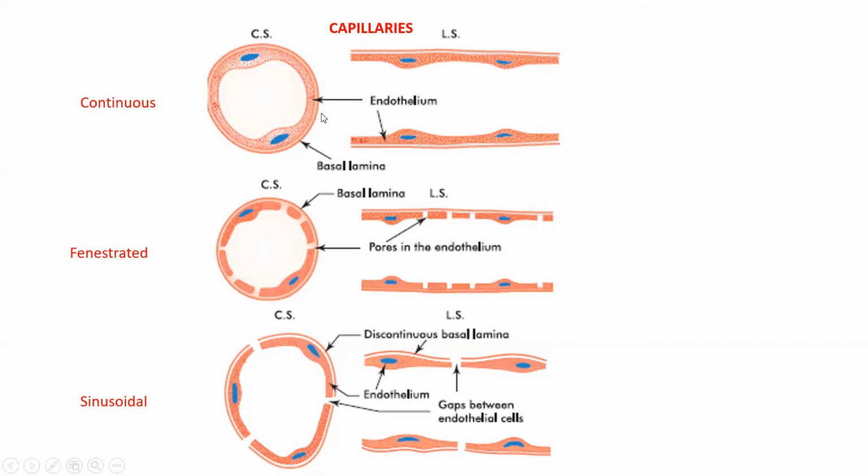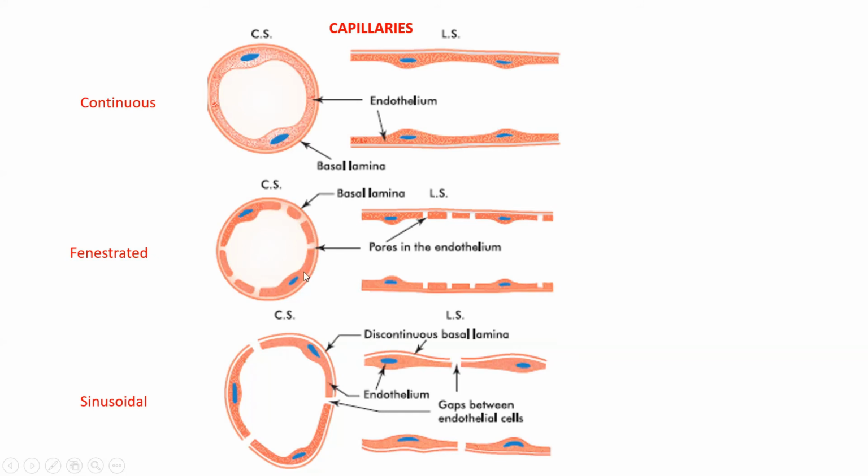On the basis of the nature of the endothelial lining, the capillaries are divided into continuous, fenestrated and sinusoidal capillaries. In continuous capillaries, the endothelium is continuous. Such continuous capillaries are seen in muscle, brain and lungs.